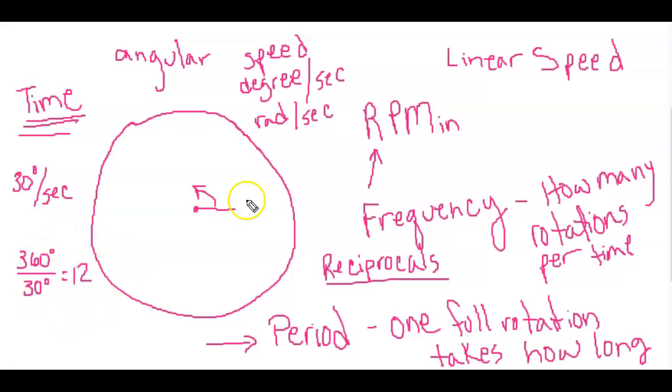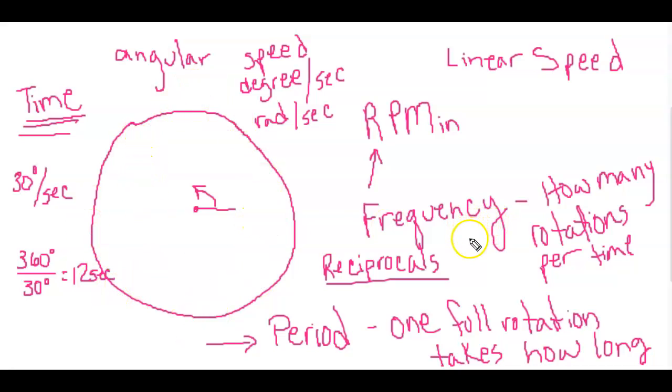So that means it's going to be 12 30-degree sections. If I'm doing a 30-degree section every second, then it's going to take me 12 seconds to go all the way around the circle. So that means that my period would be 12 seconds, because 12 seconds per cycle. That's how long it takes me to get around the circle.